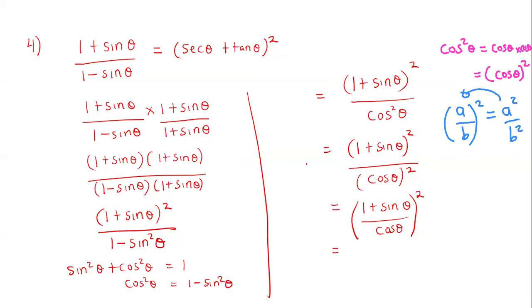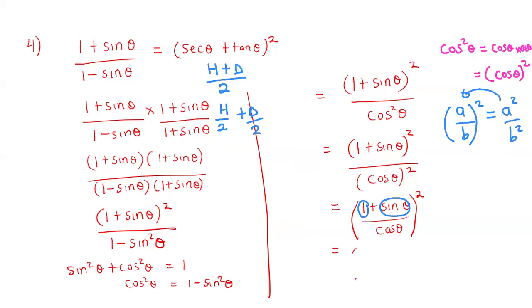You know very well that when you are sharing, like when I have, let me say, this is Hannah and maybe this is Dorothy, and they are sharing into two equal parts, it means Hannah will get a half, but also Dorothy will get a half. Whatever you are sharing down here, this cos theta is shared by two things: it is shared by the 1 and is also shared by the sine of theta.